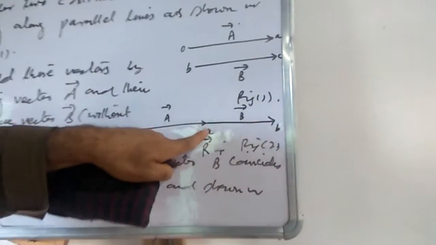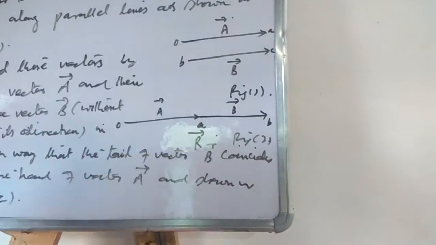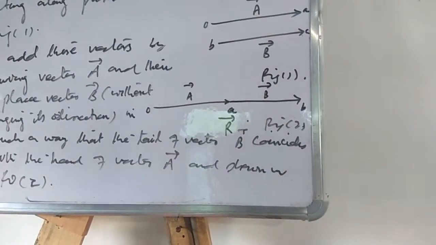Now look here, I have drawn the vector A, then displaced the vector B without changing direction so that its tail coincides with the head of the vector A, which I have drawn in figure second.